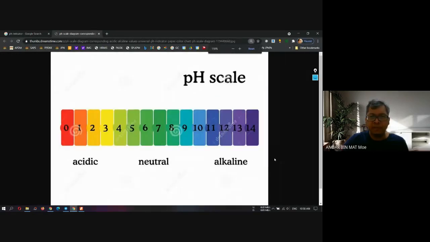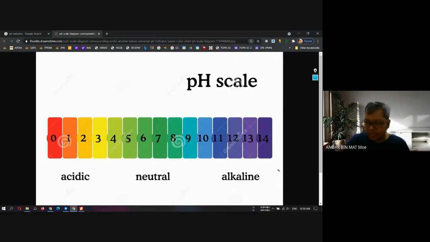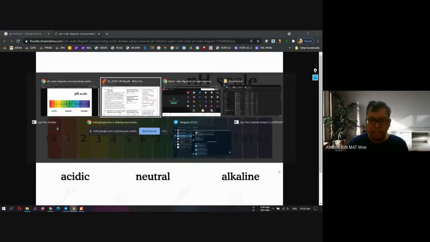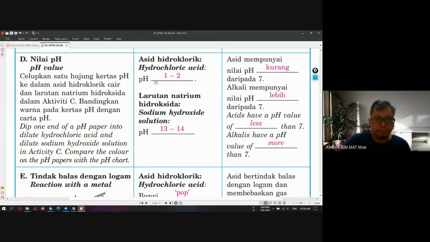This is the pH value, or the pH scale. We can test whether the substance is acidic or alkali, and we can also test the strength or the value of the acid or alkali by using pH paper.